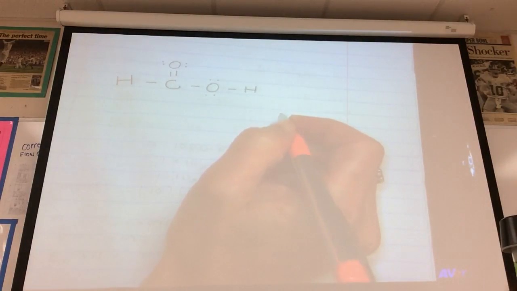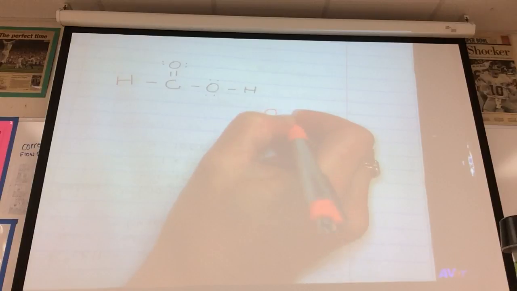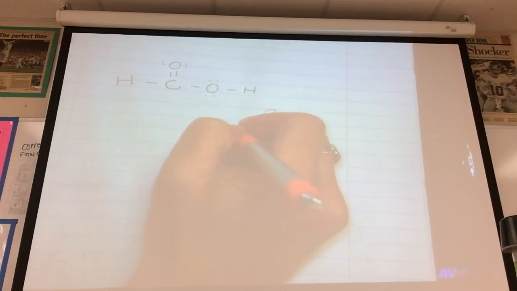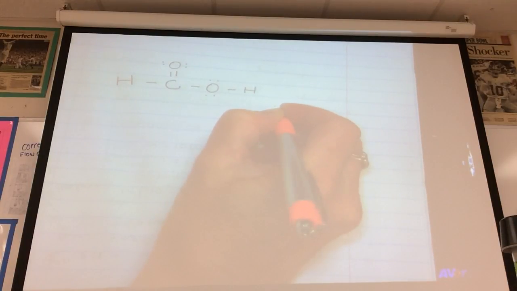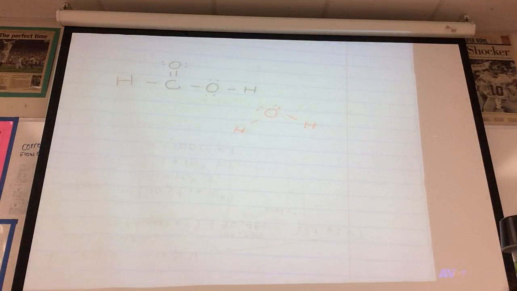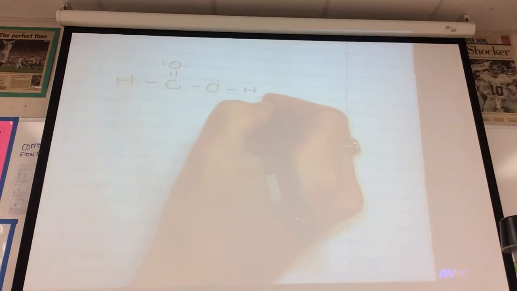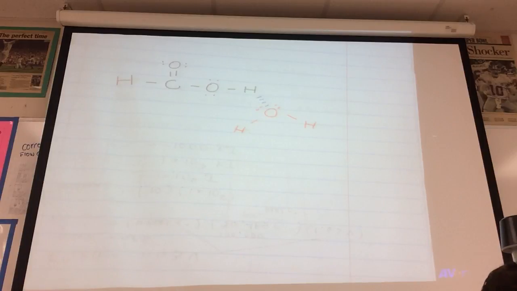You have to draw a water molecule. And where does my hydrogen bond go? Right in between those. Right there, right? Piece of cake.